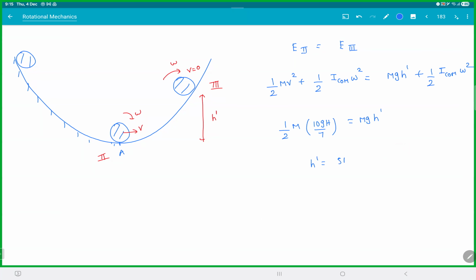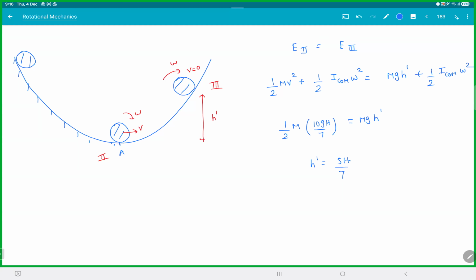H dash is 5h by 7. Clear with this? Clear how we approach this? You have to be careful with that omega also, no? All clear.